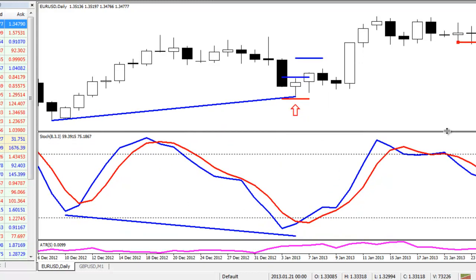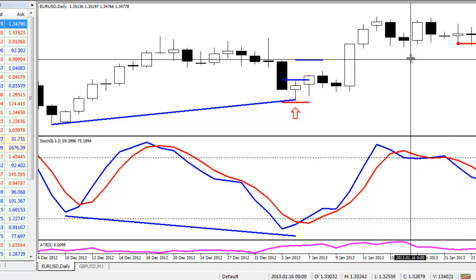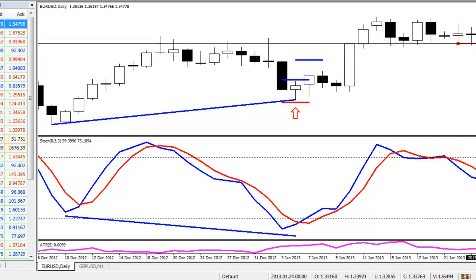And if we zoom in a bit closer now, we can actually see that there was a high, a low, higher high, high, low, high, low. We've got a lower low in the oscillator again, and we actually have ourselves here a higher low on the price action.